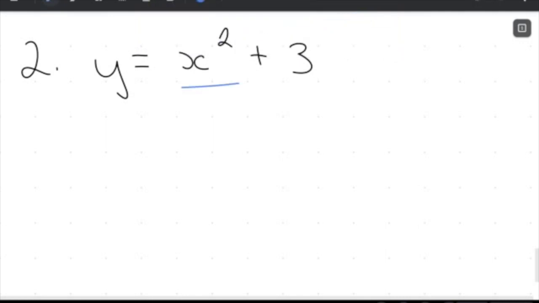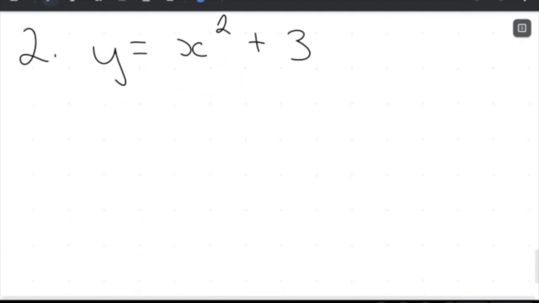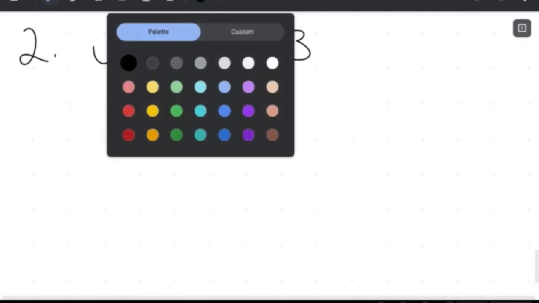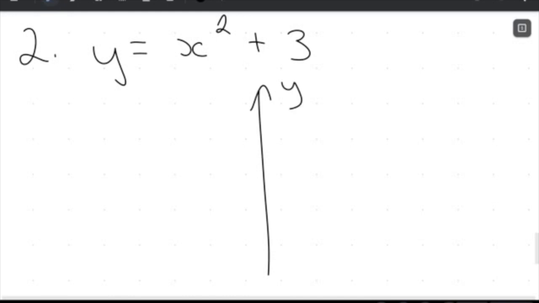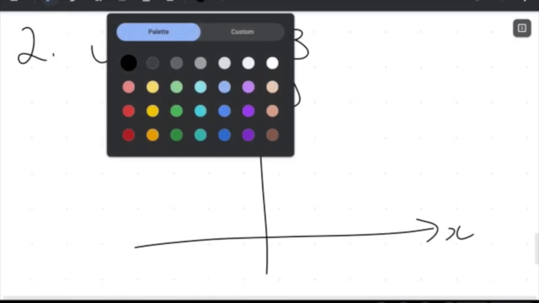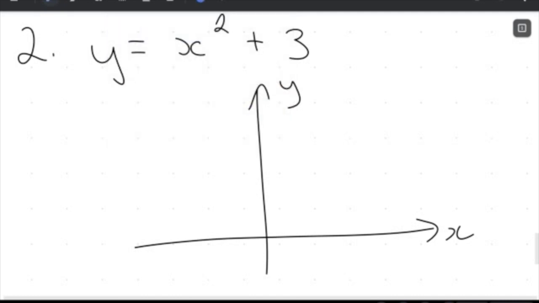What type of graph is this going to produce? Well, anything with y equaling x squared is going to be an example of a parabola.